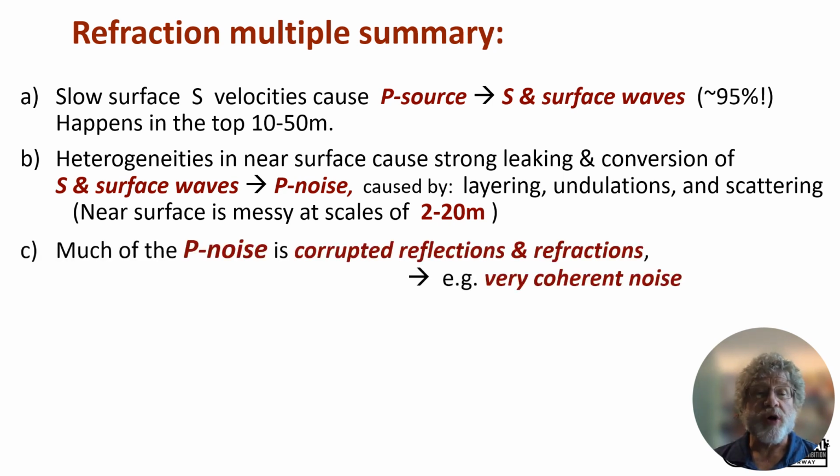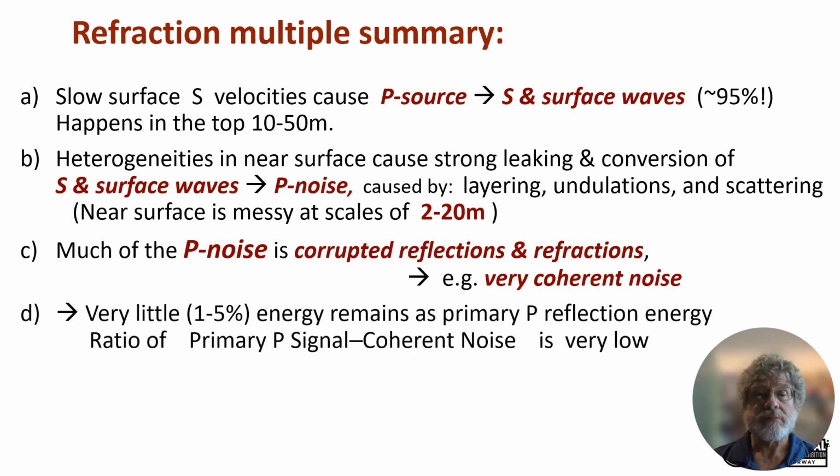Much of this P noise is actually corrupted reflections and refractions, and that makes it very coherent noise. So very little energy remains as primary P reflection energy. So the ratio of primary P reflection energy to coherent noise can be very low.